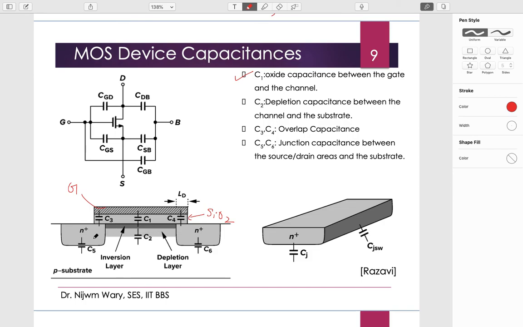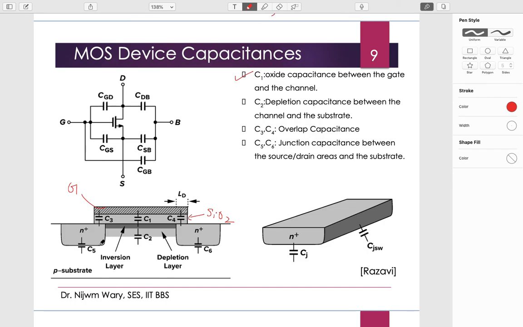Now, as I have mentioned, because of the annealing process, the source and drain may go a little bit inside, beneath the gate. Because of which we have come to the concept of L effective.